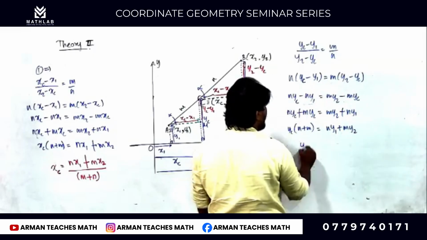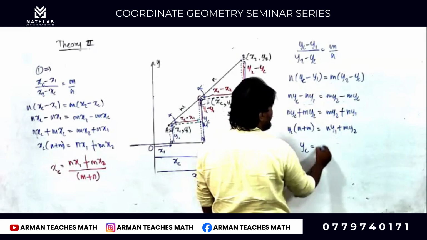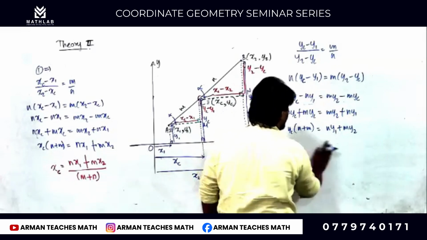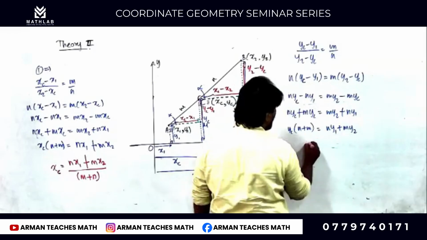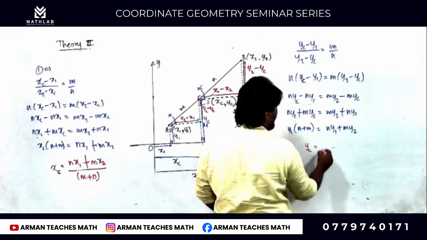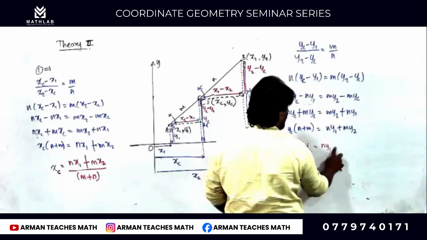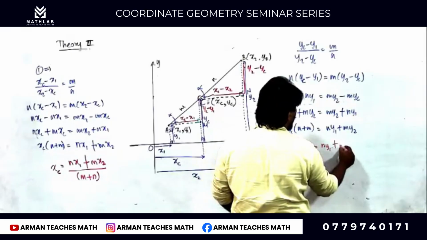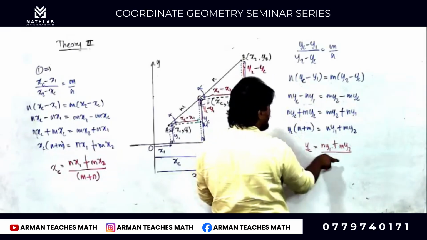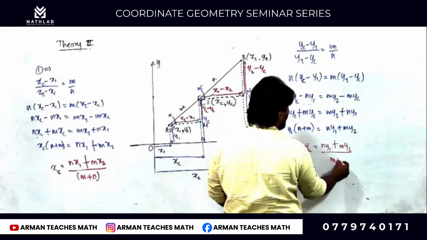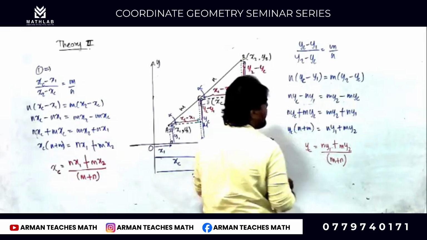Do a cross multiplication. I write in red color. We get yc equals to (ny1 plus my2) divided by (n plus m). n plus m and m plus n are the same.